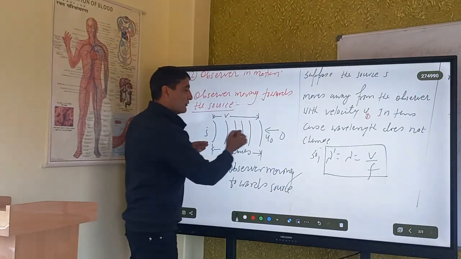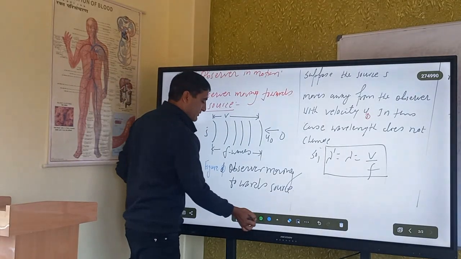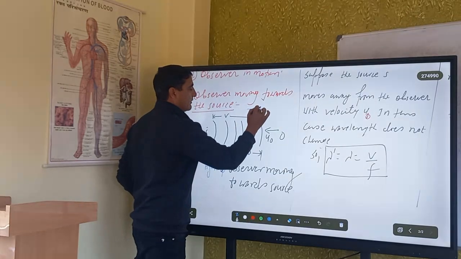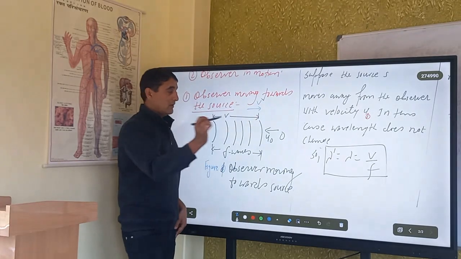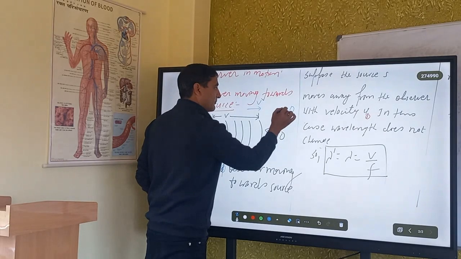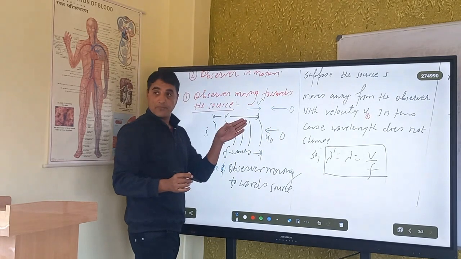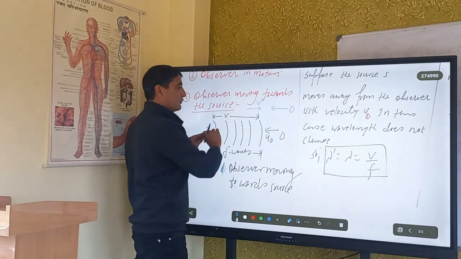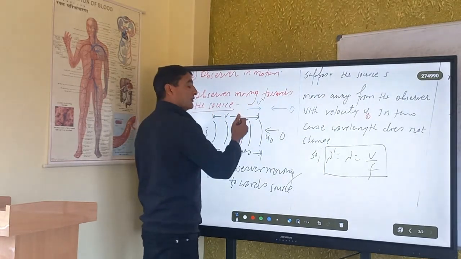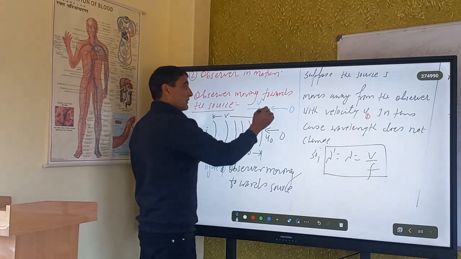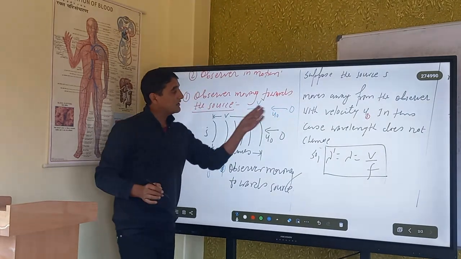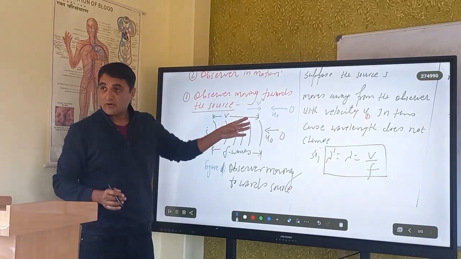The wave is moving in this direction with velocity v. And the observer is moving from this direction towards this. Wave is going with velocity v. Observer is moving towards the wave with velocity u. These are the case of opposite direction.